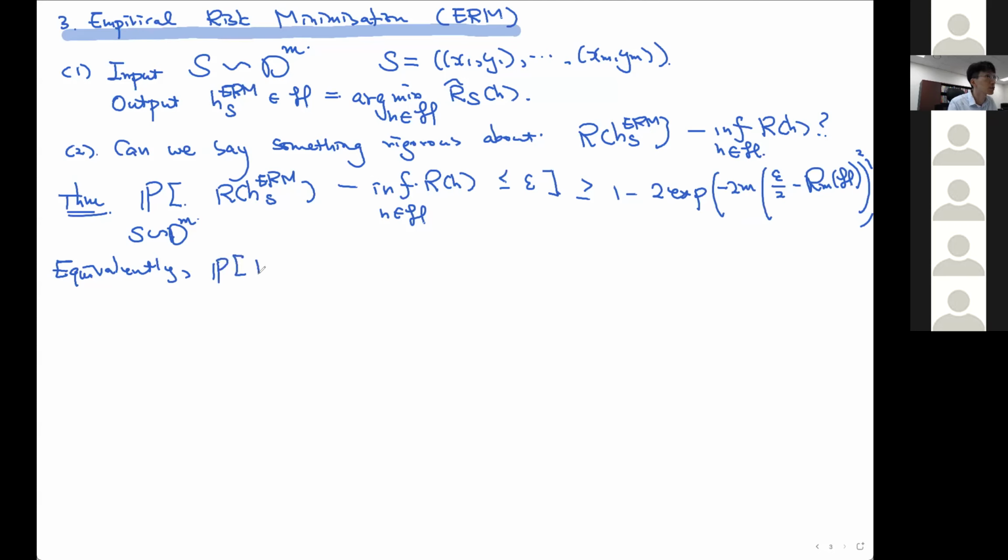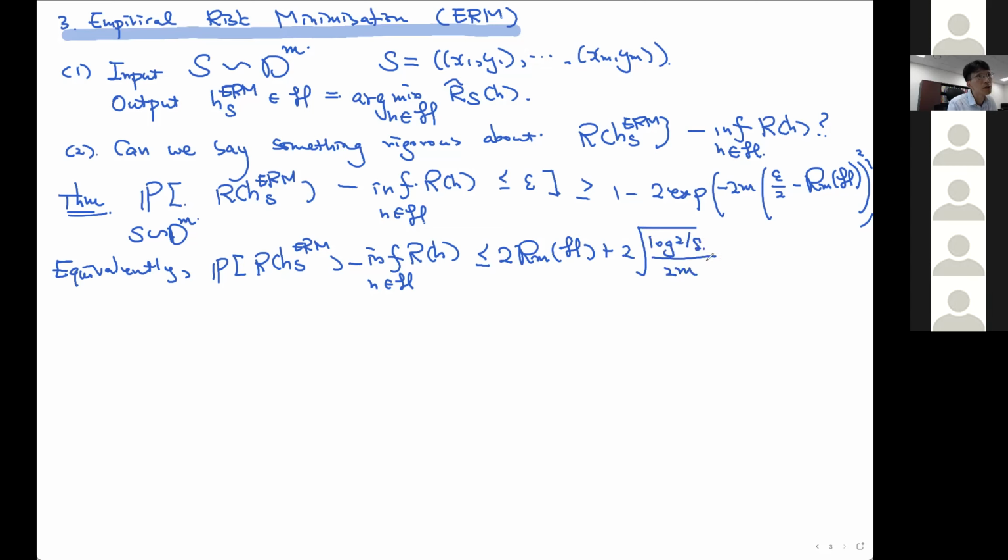The probability that the increment is bounded by 2 times the Rademacher complexity plus some term is going to be 1 minus delta.